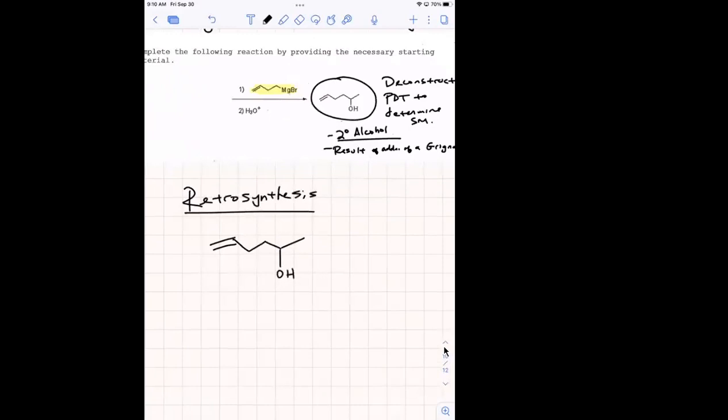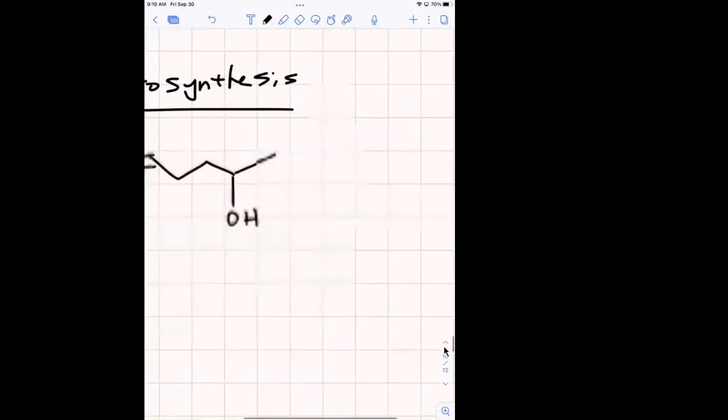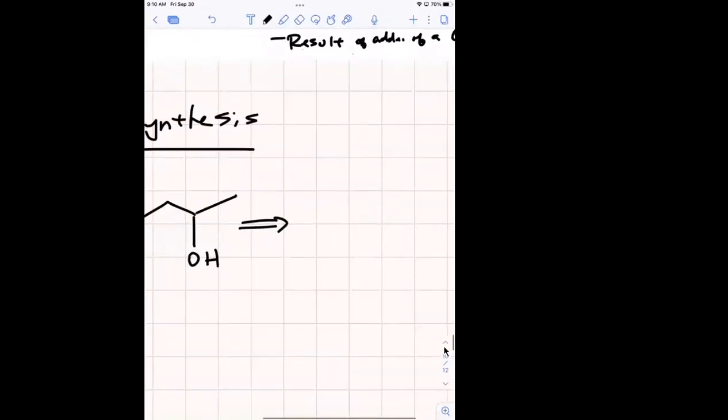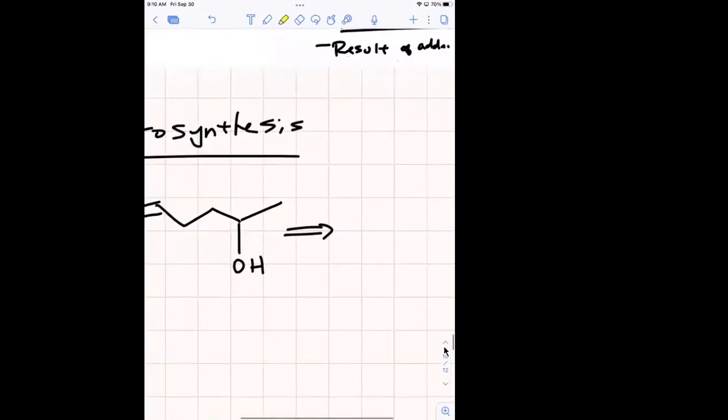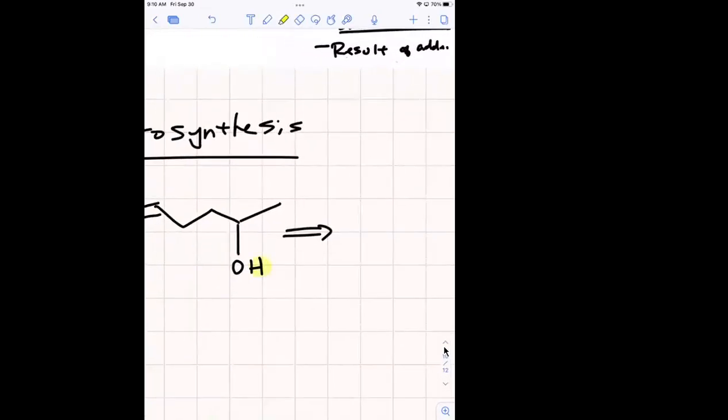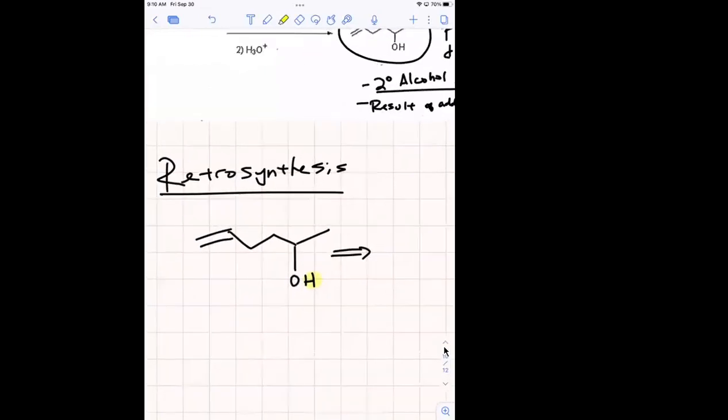Right, the first thing to do, if you're starting with an alcohol, is to take the proton off of it. So we're going to take that hydrogen off.